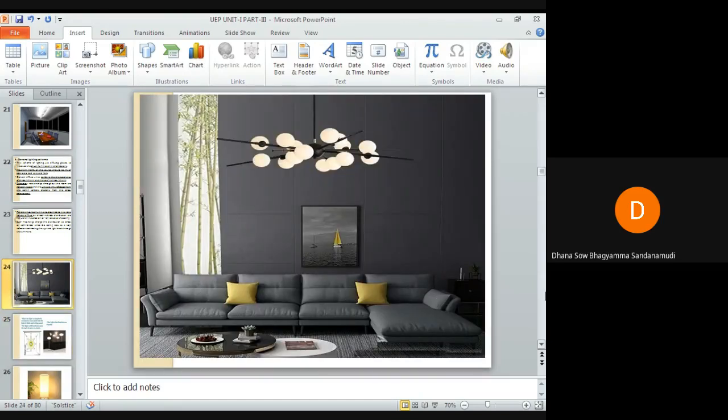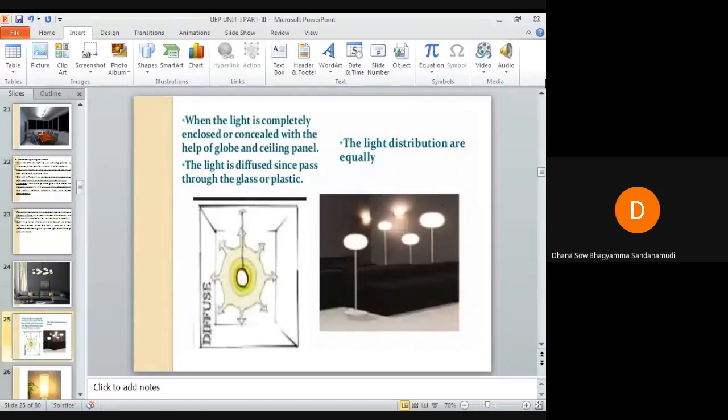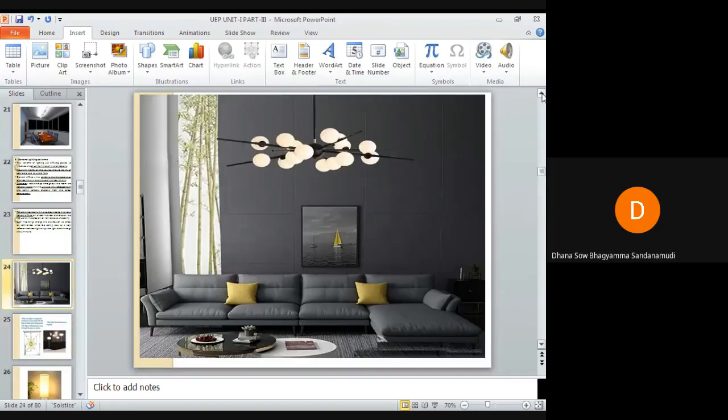If you see these lamps, they are distributing light uniformly in all directions. Some of the light rays are directly falling on the surface, which means it is operating as a direct lighting scheme, according to me.